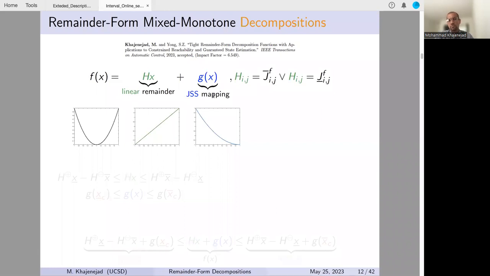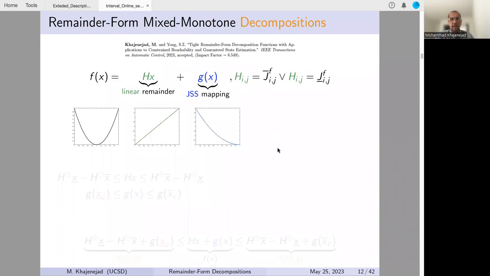Jacobian sign stable basically means that this Gx is also monotonically increasing or decreasing in each dimension. It is always doable, and it can be done in multiple ways, given the bounds for the Jacobians of f.